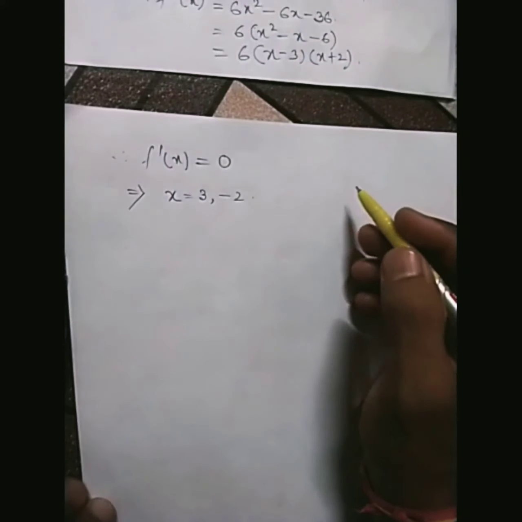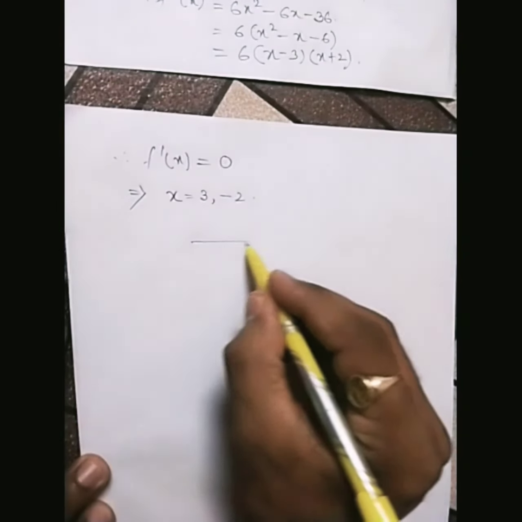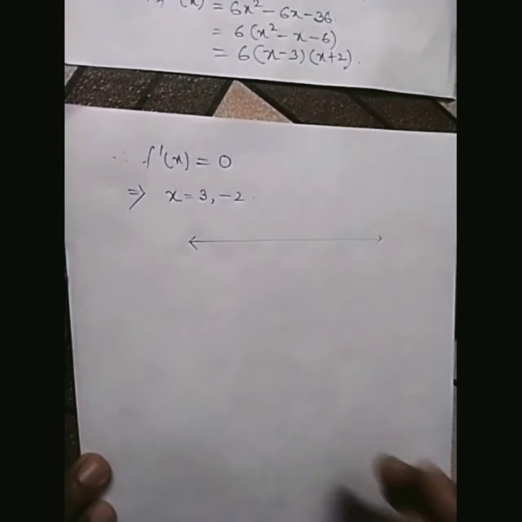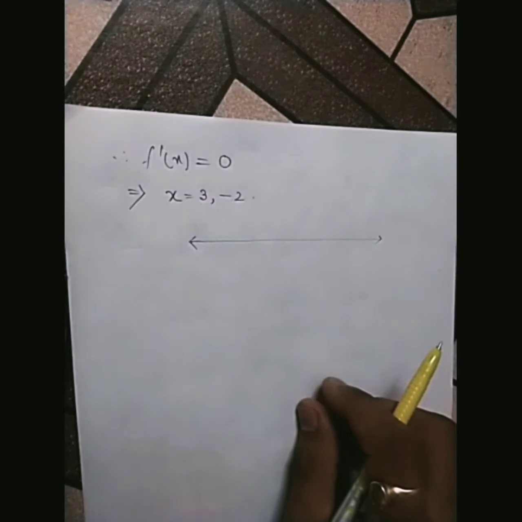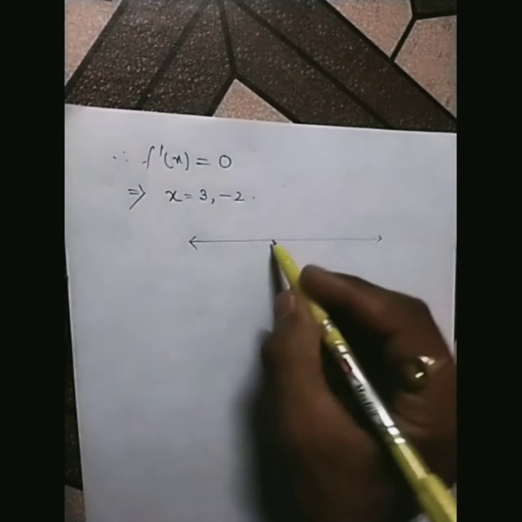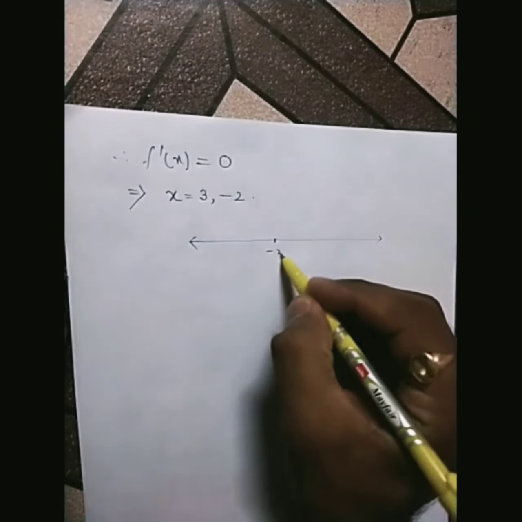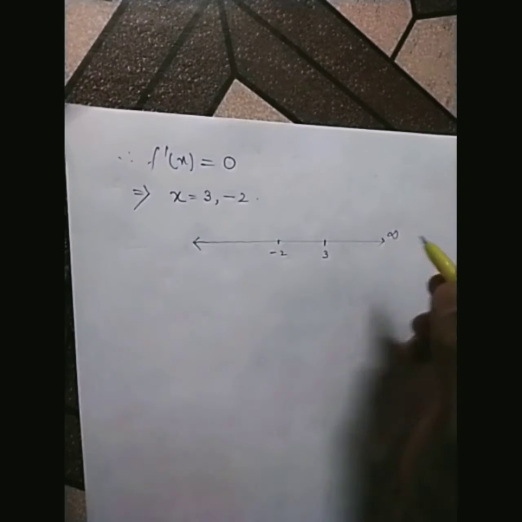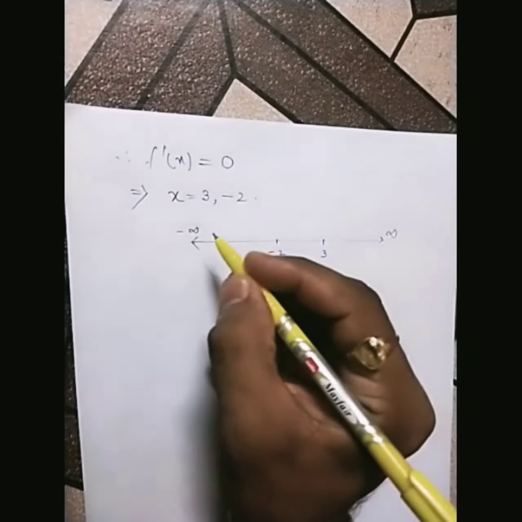Okay, now you see these 2 points. These 2 points you can see here. If I do a diagram here, you can directly know it. Suppose this is -2, this is 3. Okay, this is infinity, this is minus infinity.